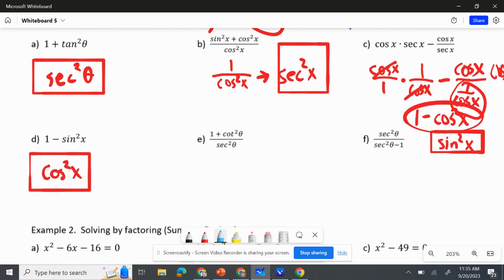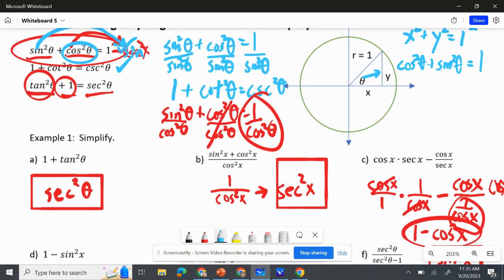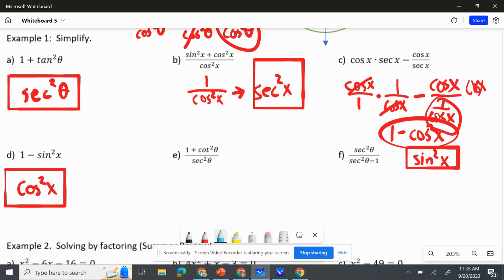Here we have 1 plus cotangent squared, and notice that 1 plus cotangent squared is equal to cosecant squared. So we have cosecant squared theta over secant squared theta. I'm going to turn these into sines and cosines. So that's 1 over sine squared theta, over 1 over cosine squared theta.